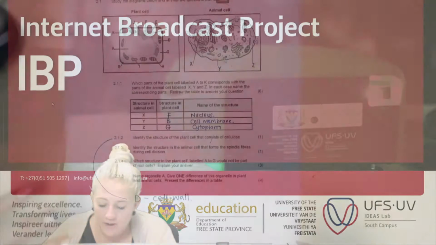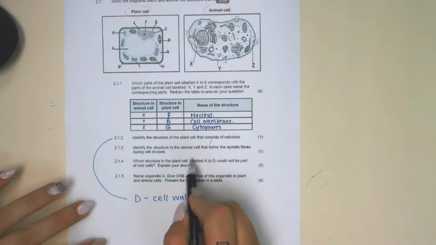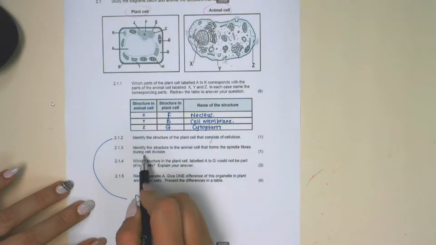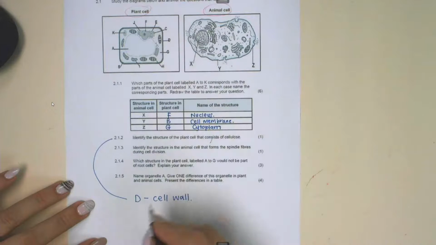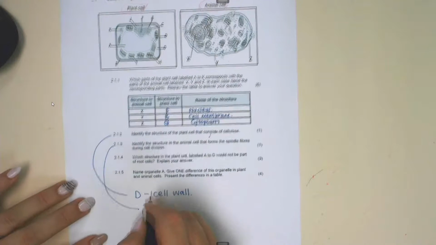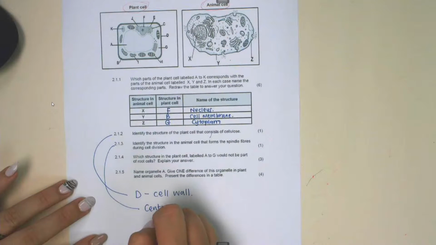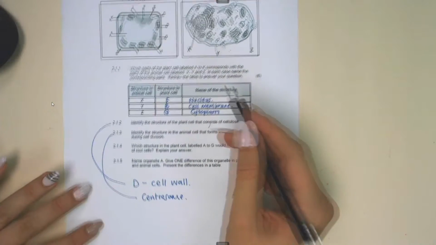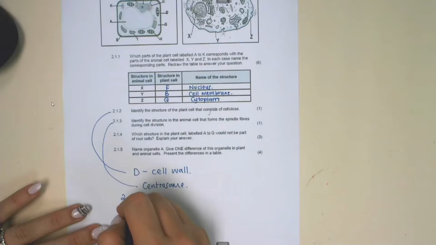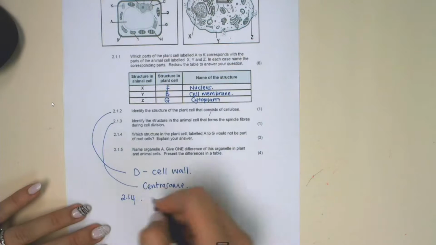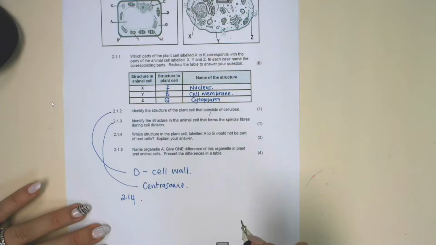So they want to know where the spindle fibers are going to be, and you will agree that it is at our centrosome in our animal cell.